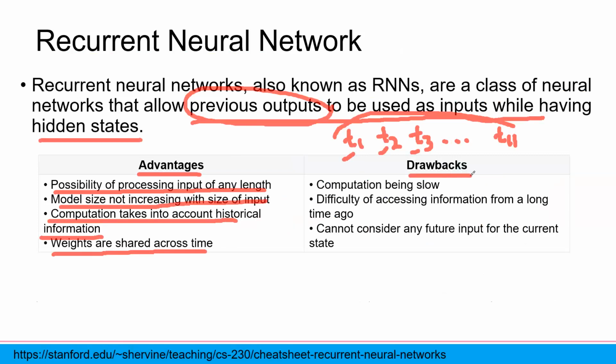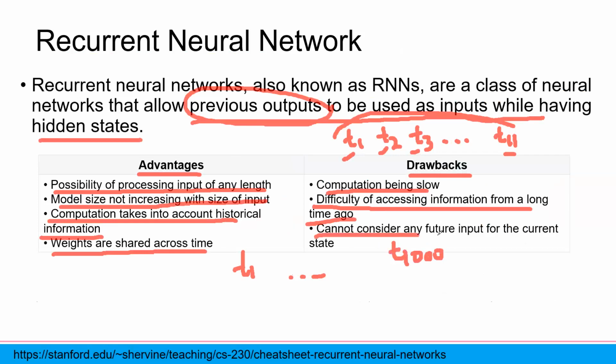But the drawbacks: the computation is slow. And it has difficulty accessing information from a long time ago. For example, if we have T1 until T11, it is still okay. But if we have T1 until T1000, if it is too long, it doesn't work.